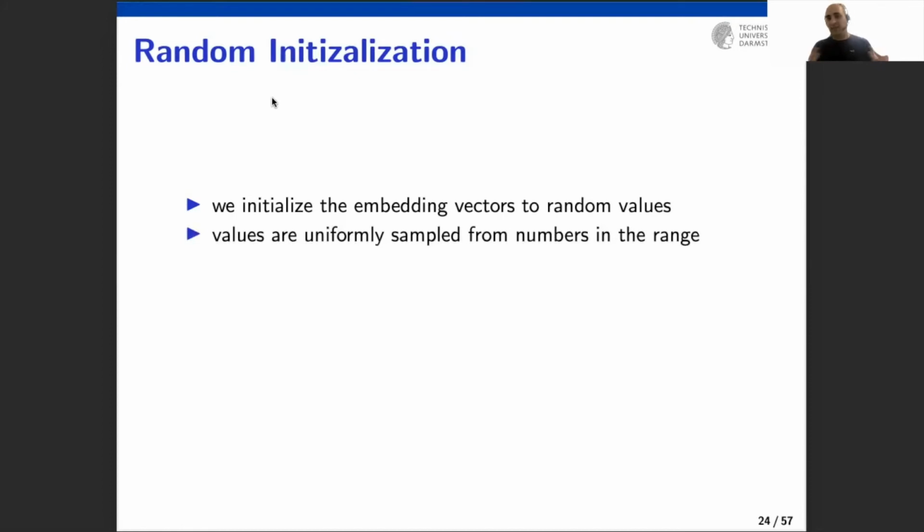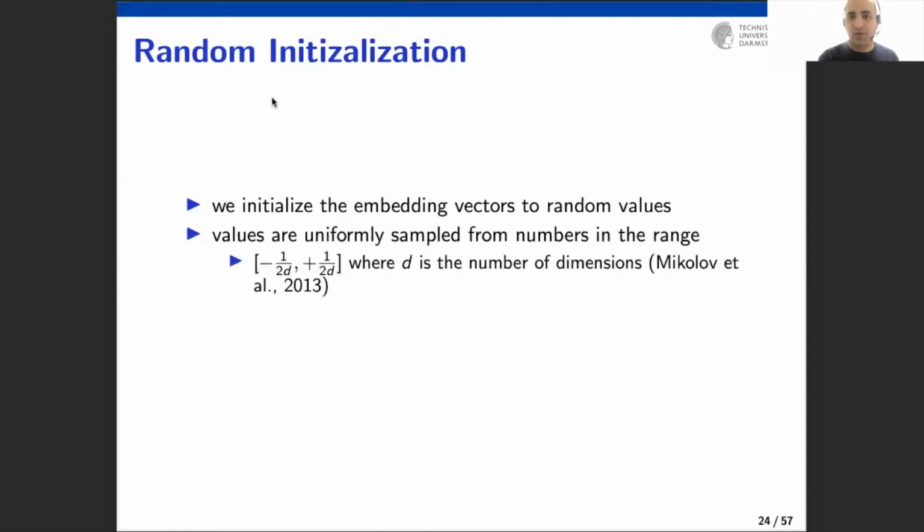But we can do that in different ways, like values uniformly sampled from numbers in different ranges. Some people can say, okay, let's extract the values from -1 to +1 uniformly. Mikolov has shown that it's better to extract the values between -1 divided by 2 times the dimensionality of the vector.